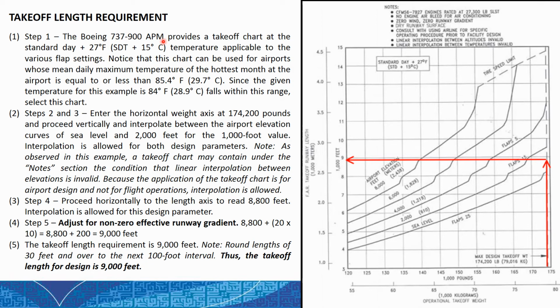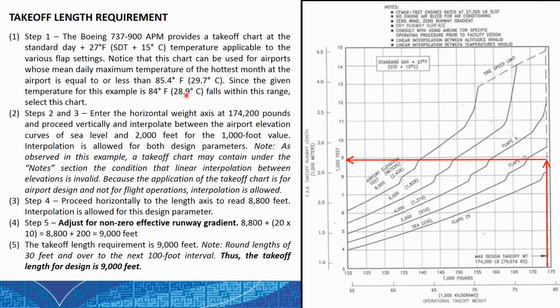The first is to calculate at the standard day, and the second is to calculate when the temperature is standard day plus 27 degrees Fahrenheit, like this, because the given temperature for this example is 84 degrees Fahrenheit.